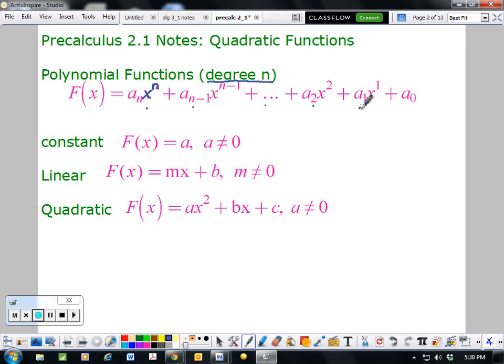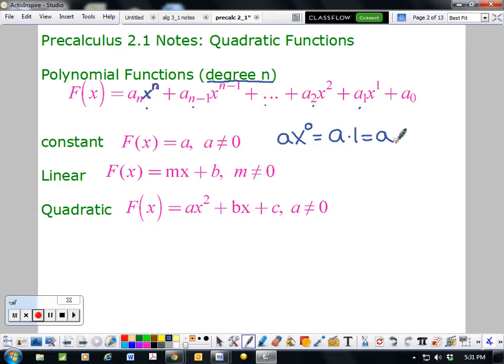We have different types of polynomial functions we've worked with. We have the constant function where there is no x. This is the same thing as a times x to the 0 power. x to the 0 power is really 1, so a times 1, which is a. So our constant function has a degree of 0 because there's no x in there.